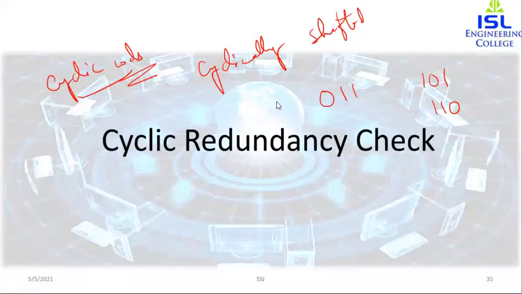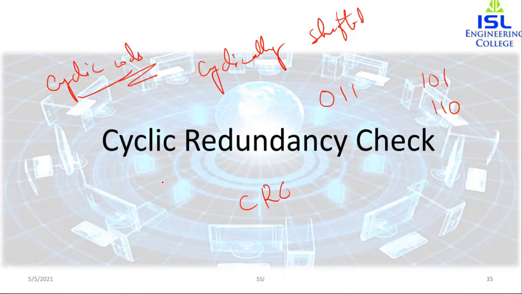Basically, we call the cyclic redundancy check CRC also. In this case, we know that whenever we are sending a message, we add redundant bits, and those extra bits enable us to check, detect or correct the error.